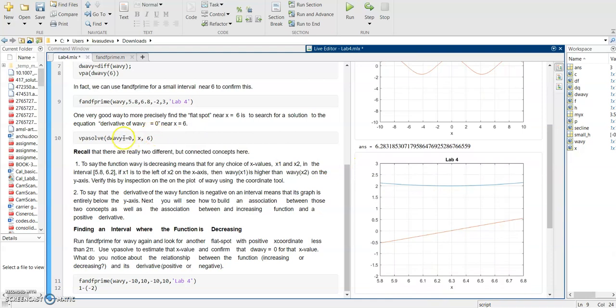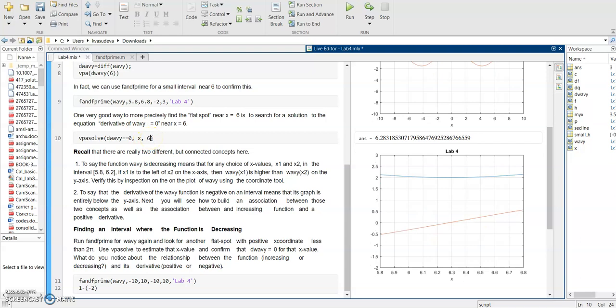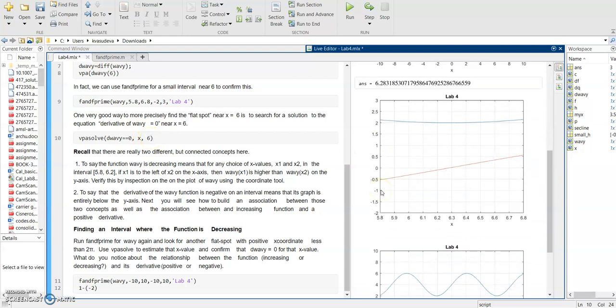To do that, we use the VPA solve command. Of course we have seen this in our first class, how to use a solve command to find an x value that makes a function 0. So what we do is VPA solve: I'm going to solve my derivative function equal to 0 to find the value of x close to 6. I'm using this 6 cautiously to see that all my solutions are close to 6.